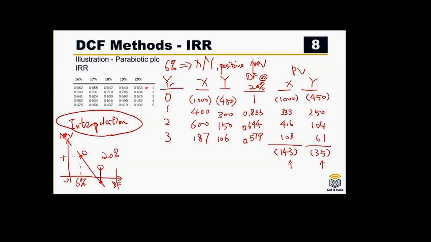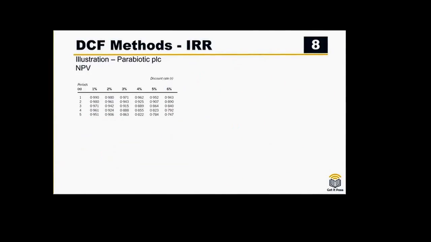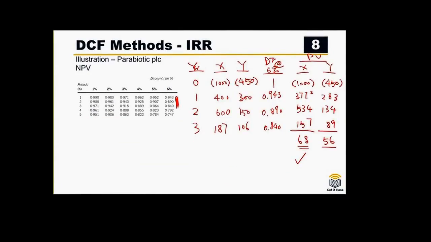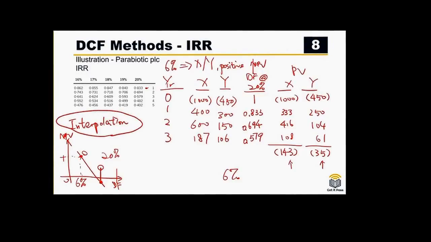So we get positive figures and negative figures. Remember, at 6%, for X it is 68, for Y it is 56. So we mark these numbers down.